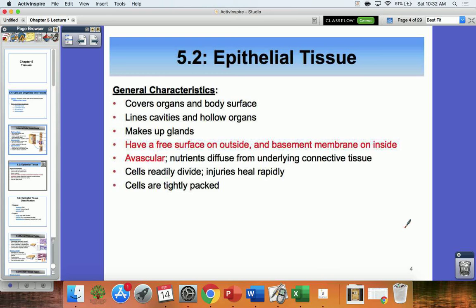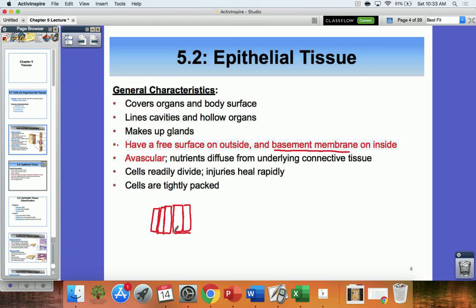And so whenever we see epithelial tissue, we're going to talk about this bullet here. We're going to have what we call a free surface, where we have the cells, and I'm going to attempt to draw some cells that are kind of together. So we have cells that are here, but then we're also going to have what we call a basement membrane on the inside.